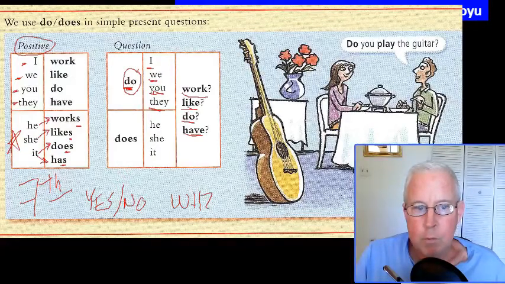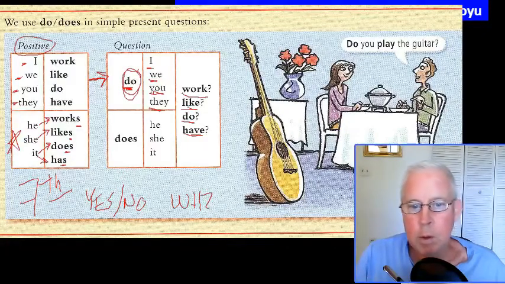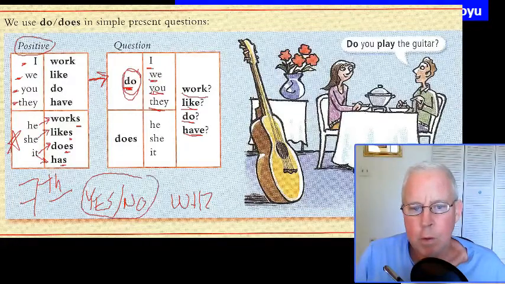So you're really just taking the statement and putting the helping verb at the beginning. You notice the answer to these questions that we're looking at right now are yes or no. Do they work? Yes. Or do you have? No.